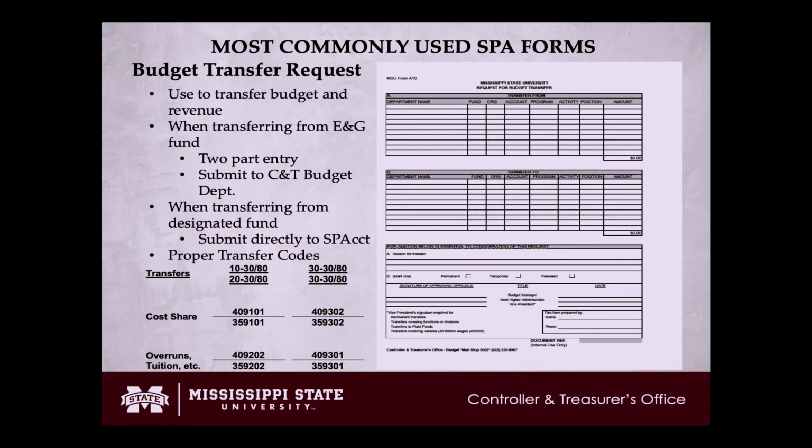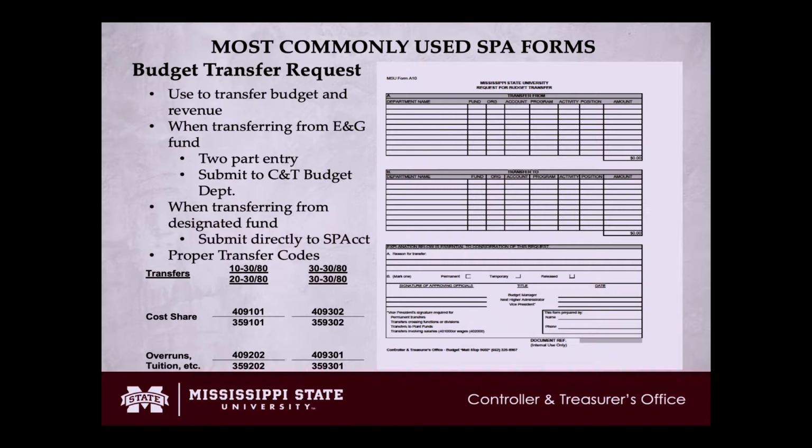But if you can simply answer 2 questions, then you can identify which transfer codes to use. First, as you're looking at this information, is this between fund types or within fund types? So between fund types would be between a 10 fund and a 30 fund, which we refer to as a restricted fund. Or if you're transferring between a 20 and a 30.